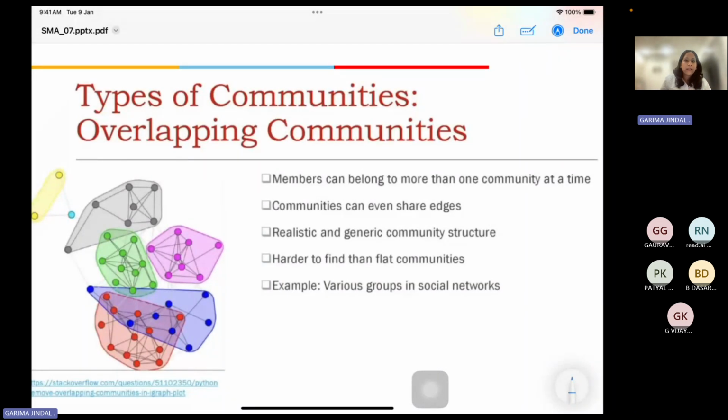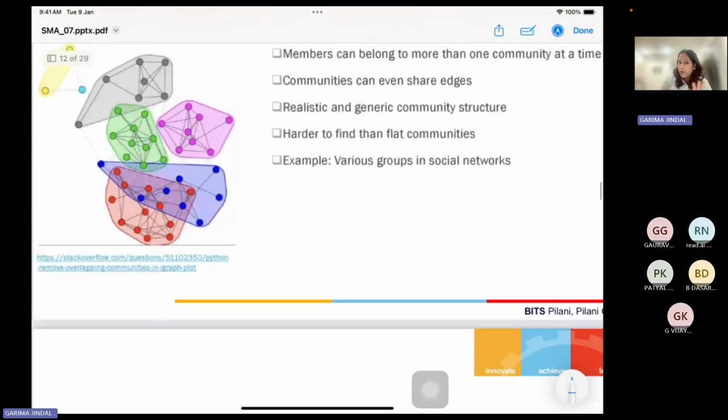Then I did my PhD from Triple IT Hyderabad and have lots of connections there, so I might be a part of the Triple IT community as well. Maybe I'm interested in trekking, so I will be a part of a trekking group. Then I go to the gym, so I have another community for the gym. In the real world we are part of many overlapping communities. Identification of overlapping communities is a very difficult problem, but we will be seeing certain algorithms here.